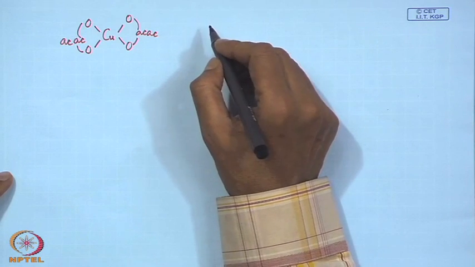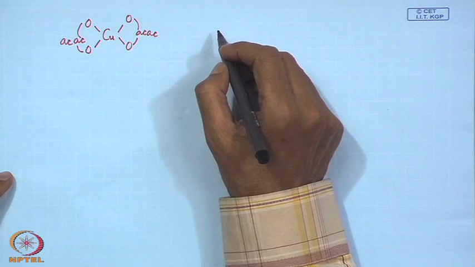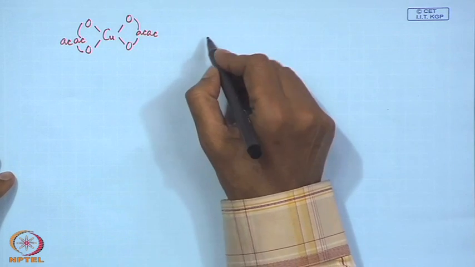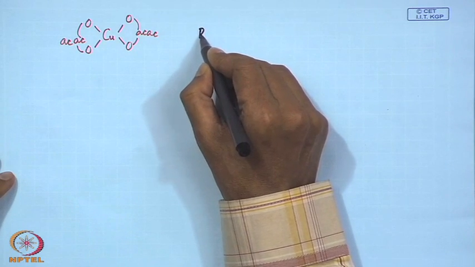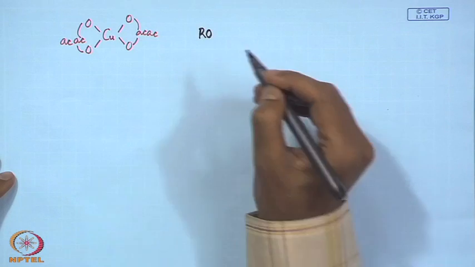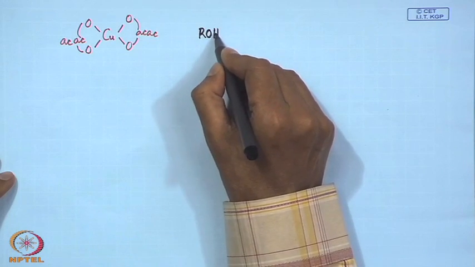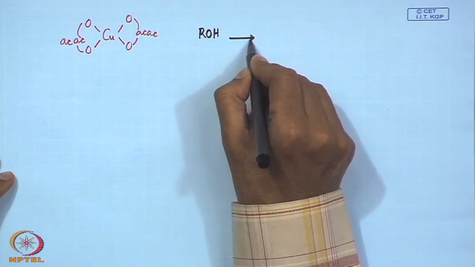One good example we have already seen is ethylene diamine. Similarly, if we start from any alcohol, that can be derivatized basically.